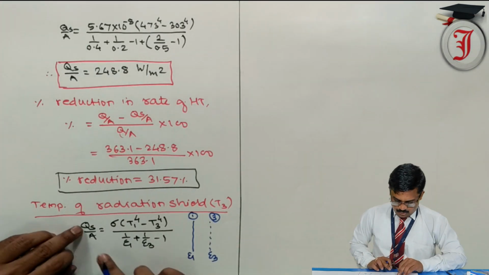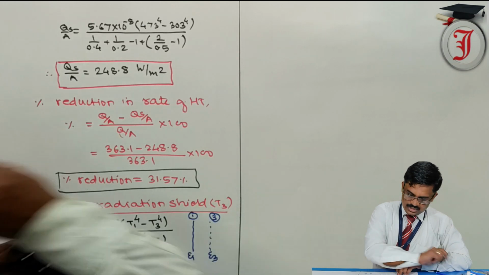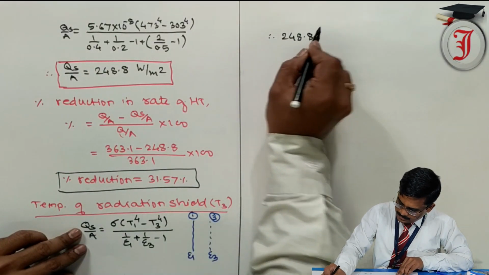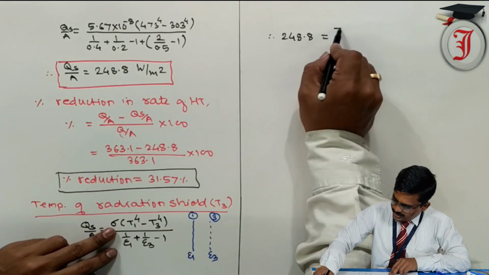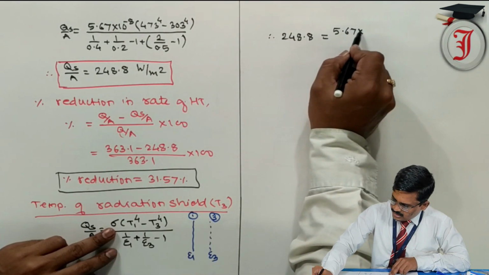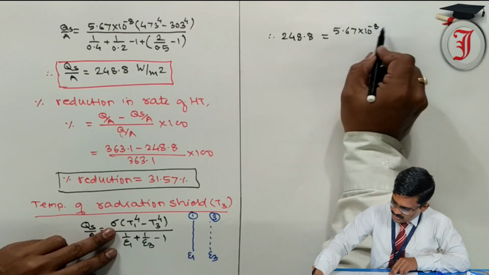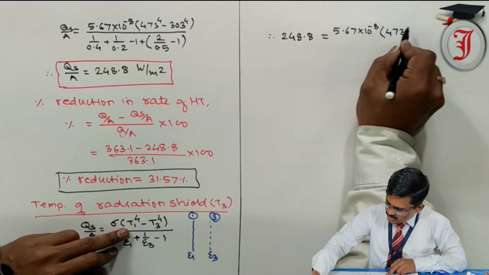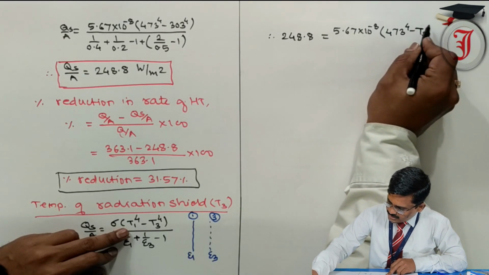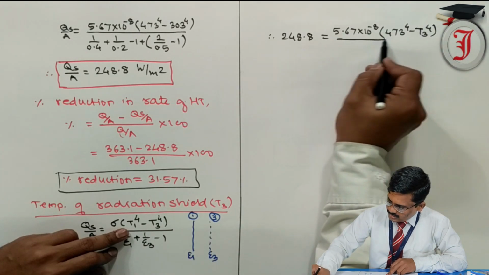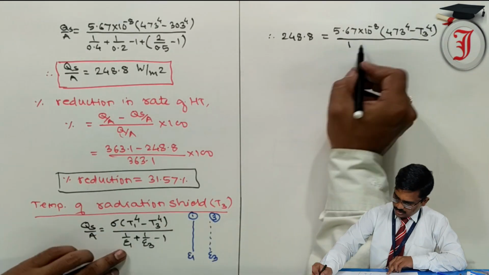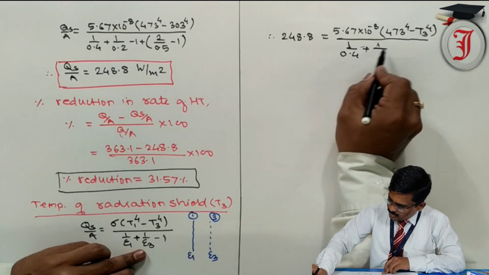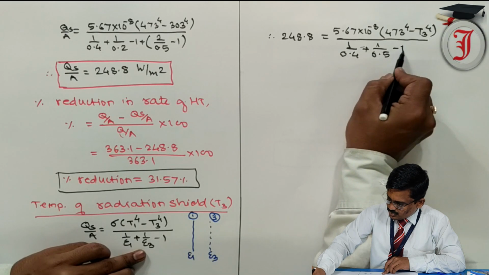Its emissivity is epsilon 1, its emissivity is epsilon 3. So put the values. We know Qs upon A, 248.8, is equal to 5.67 into 10 raised to minus 8, into (T1 temperature 473 raised to 4 minus T3 raised to 4) upon 1 upon epsilon 1, which is 0.4, plus 1 upon 0.5 minus 1.